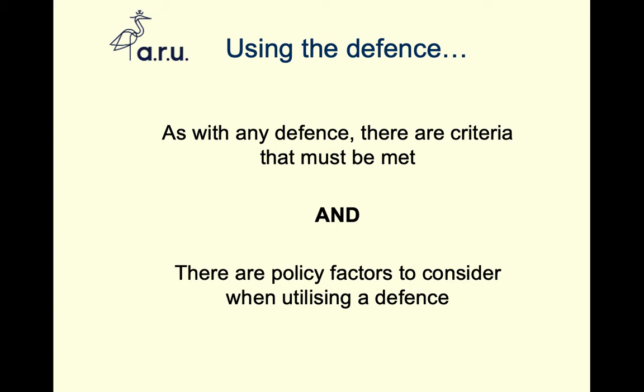So not just the criteria to meet a defence, but the fact that those criteria are evolving with a policy consideration behind them. They're thinking about what the impact would be on society as a whole in using this defence. Because obviously, if we just allow people to say we didn't know what we were signing or we were pressured into it, then mortgage agreements up and down the land would be voided.